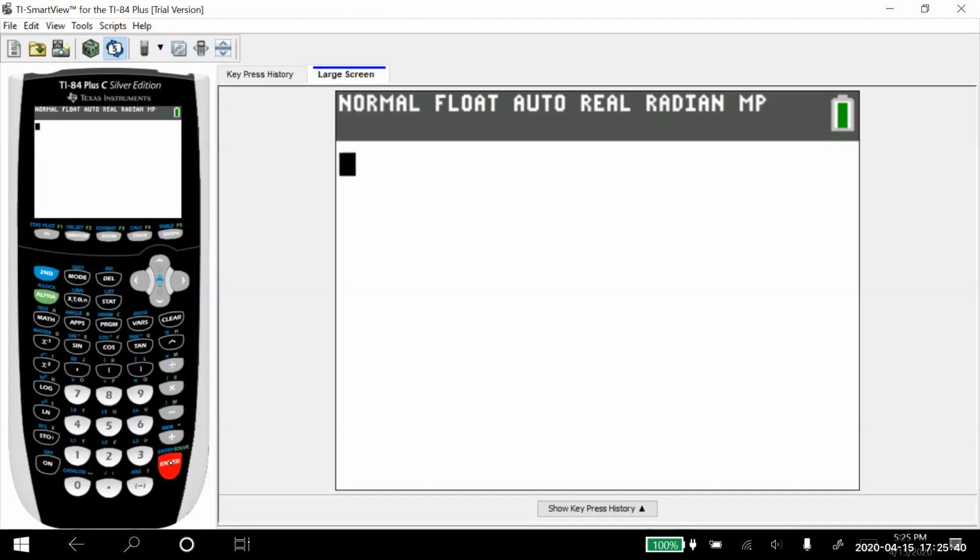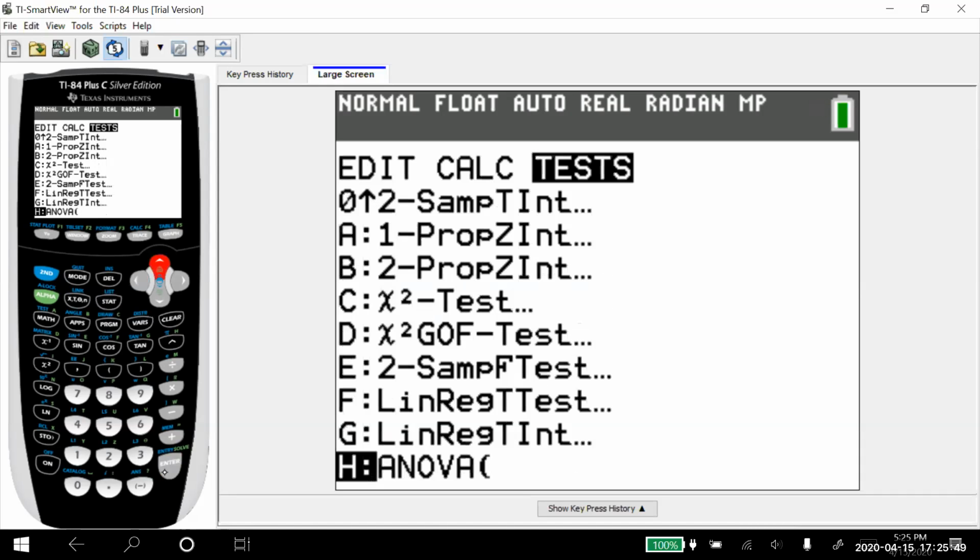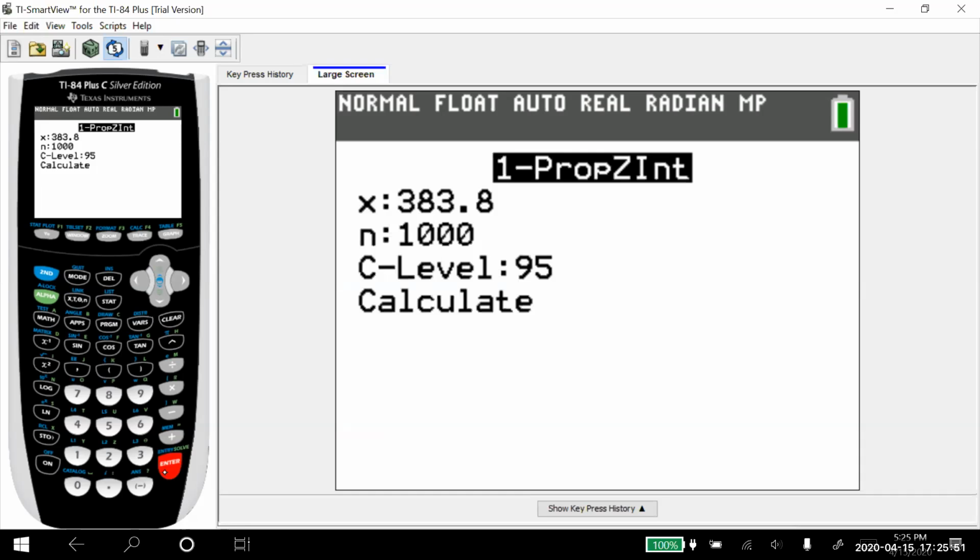Okay. So stats, tests, I'll go this way again, right there. I'll choose that. We remember that we had 380. Again, it was 0.38 times 1,000 if you want to do that. So we had 380 out of 1,000. Confidence level is 95. We'll just go down and calculate.